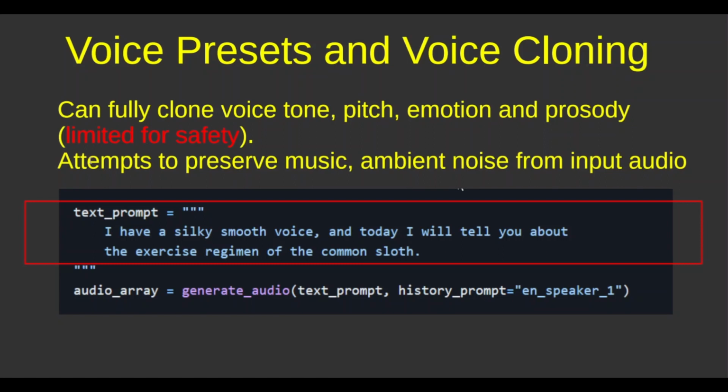And Bark also attempts to preserve music, ambient noise, and other input that's present in the input audio. Let us look at an example of voice presets in this text prompt. Here we can see we specify the history prompt when generating the audio, where we specify our choice of speaker. Let us take a listen.